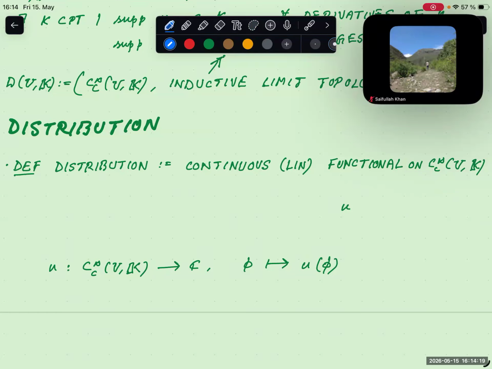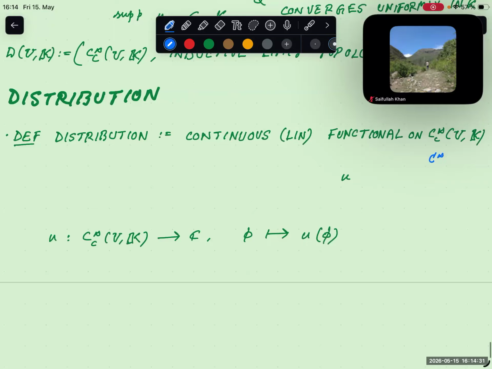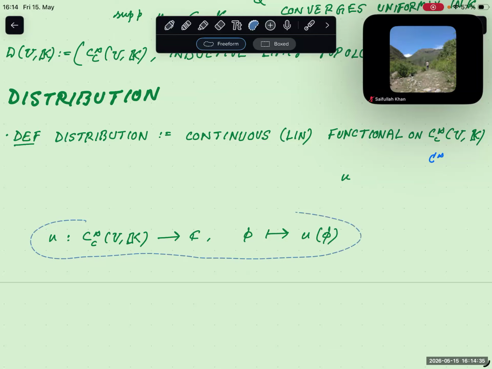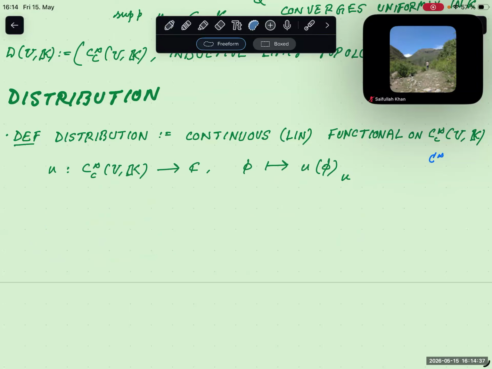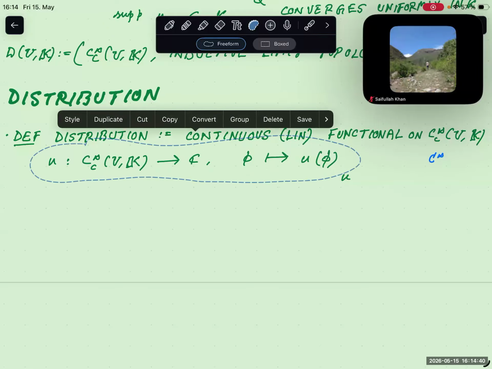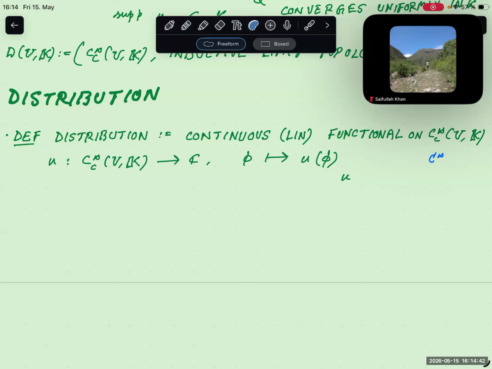You can also consider the other space we have, the space of smooth functions. I'm not writing it because that part is the same. Now the question is, what is a linear functional and what is meant by continuity? By a linear functional, we mean this mapping. That's the linearity. And now we have to talk about continuity.